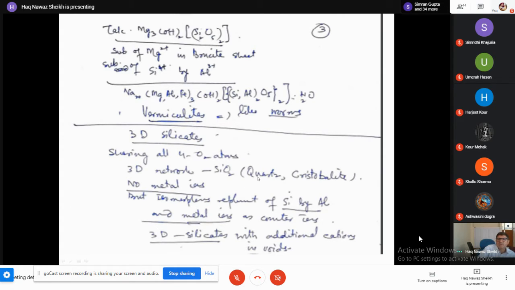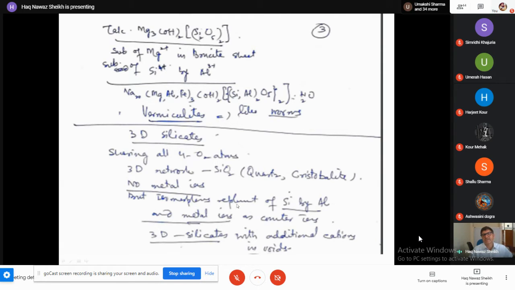So examples are quartz and cristobalite. These are examples of pure silicon tetrahedra forming a network without any metal atom in the structure, because there is no charge on the lattice network, and therefore no need for any metal to counterbalance any charge. So there are no metal ions.